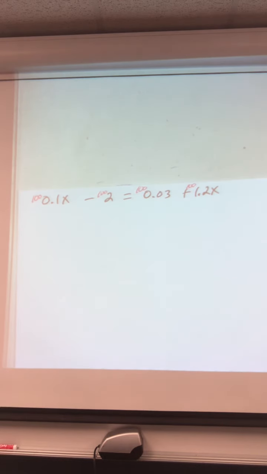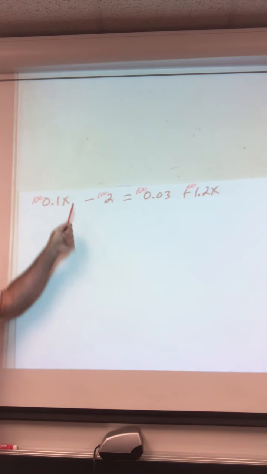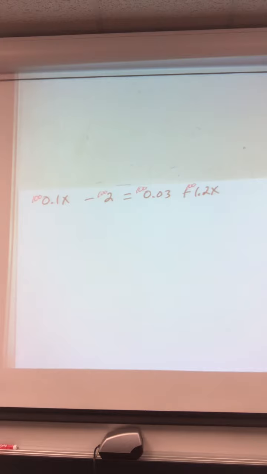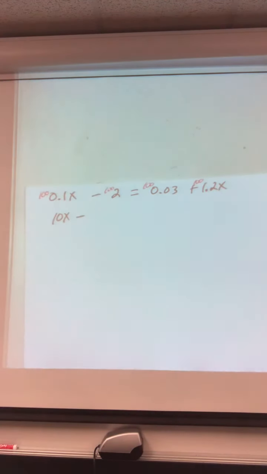Now, what does multiplying by 100 do to your decimal? It moves it 2 places. So when you take 0.1 and multiply by 100, it doesn't move it behind the 1. It has to add 1 more place. So this now becomes 10x. If you don't see that, punch it in with your calculator.